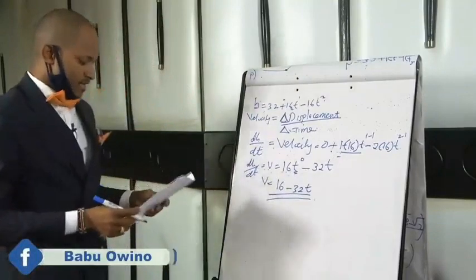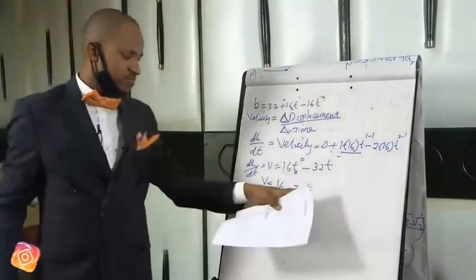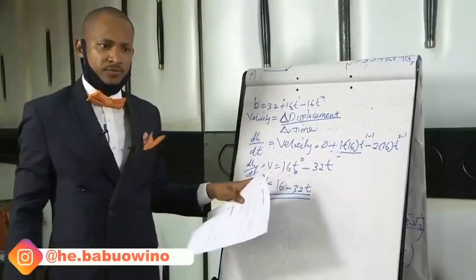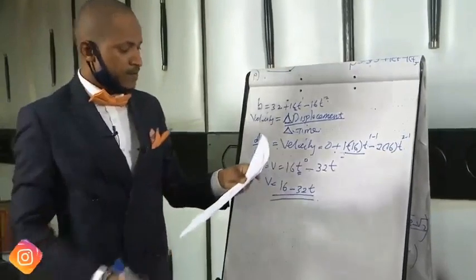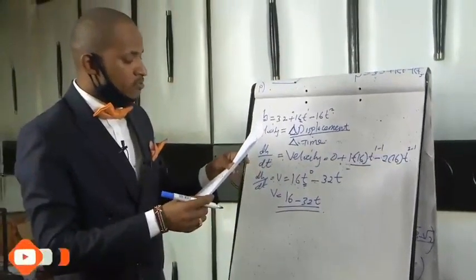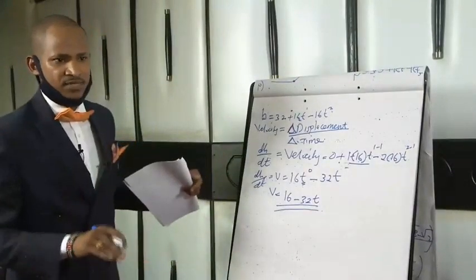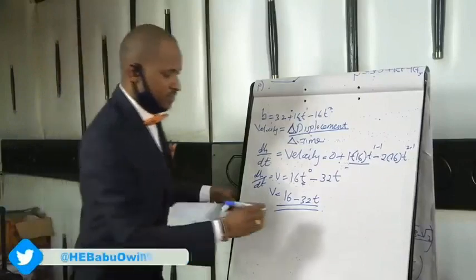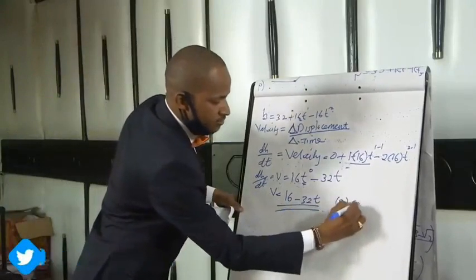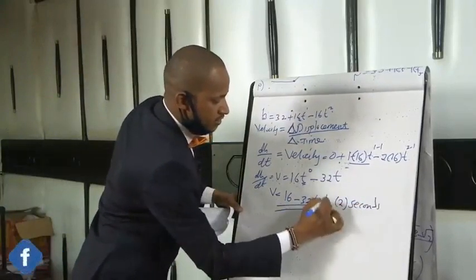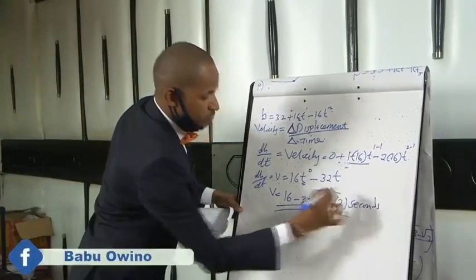But the question is telling us to find the value of this velocity at which he hit the water surface. We remember that the time taken to hit the water surface was 2 seconds. So t is equal to 2 seconds.